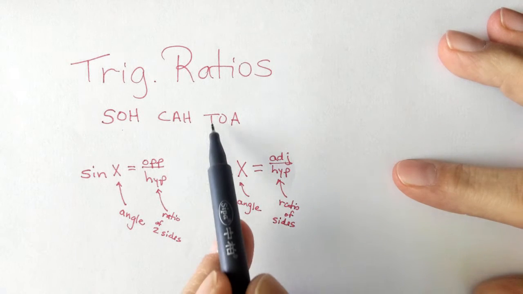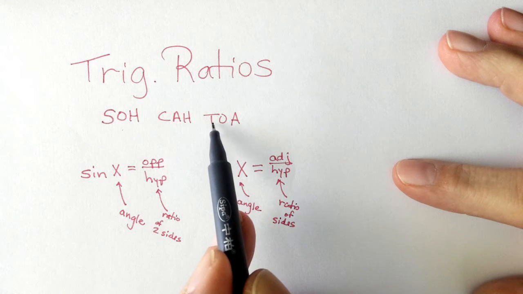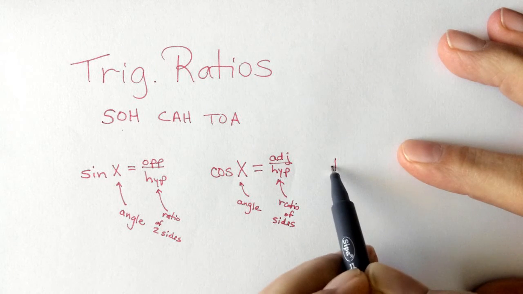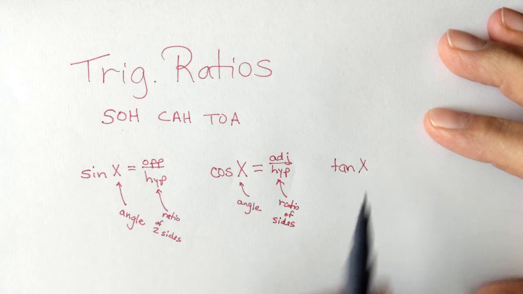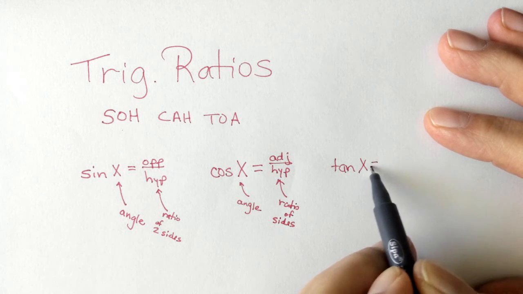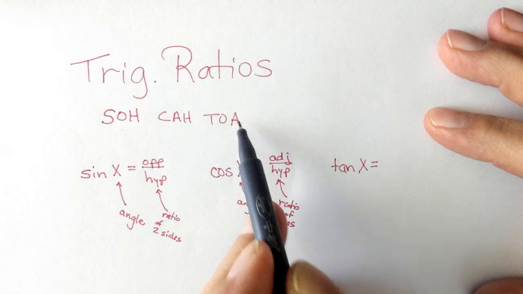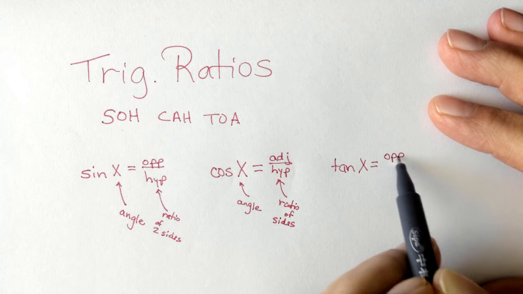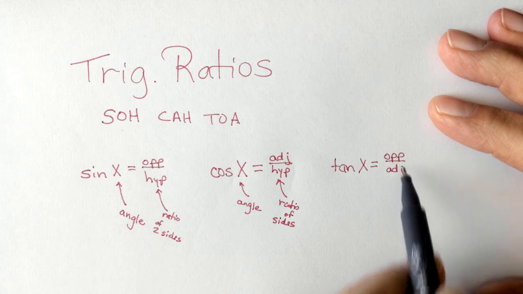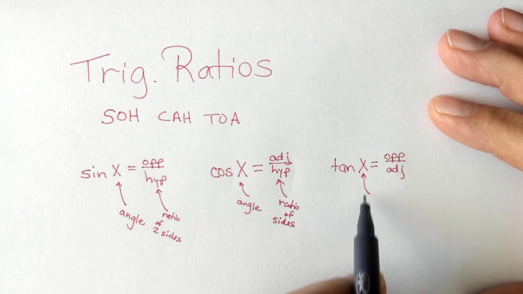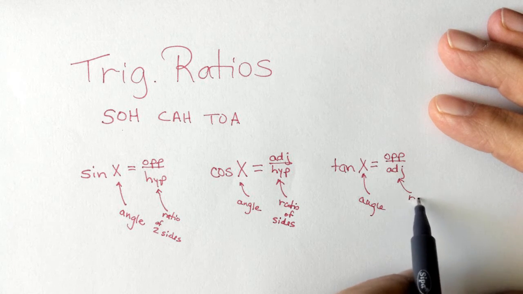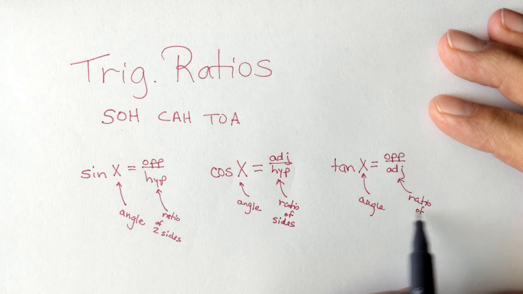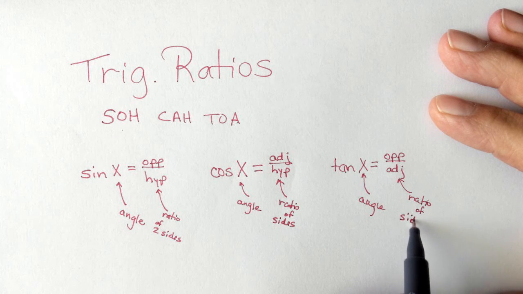Last but not least, TOA tells us that T is for tangent. TAN is the abbreviation, of an angle, we'll call it X, equals opposite over adjacent. Opposite over adjacent leg. Again, X is an angle. Opposite and adjacent are the ratio of two side lengths.